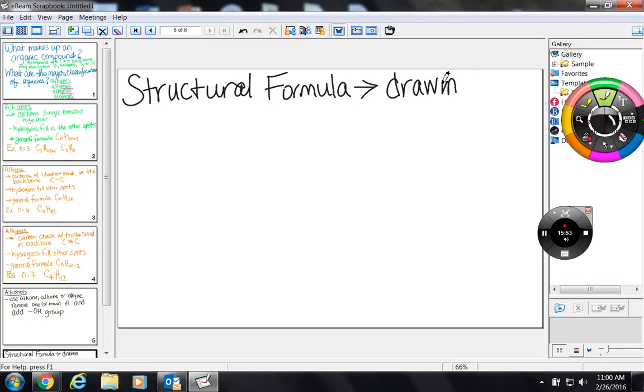Is there a general formula for alcohol? Nope. Because it takes off a hydrogen and puts on an OH, so it just removes the piece.